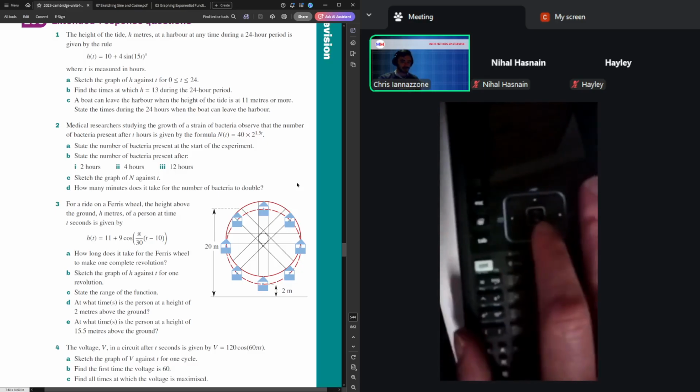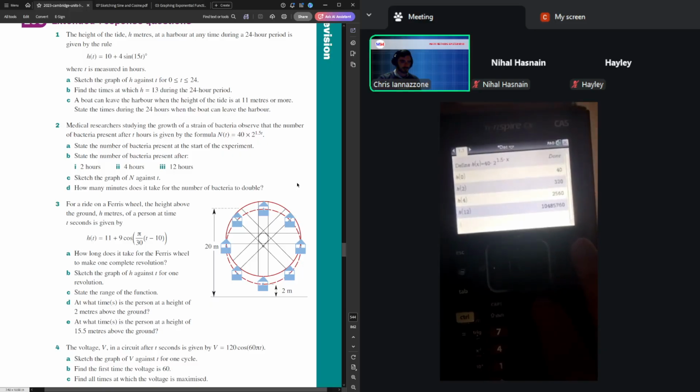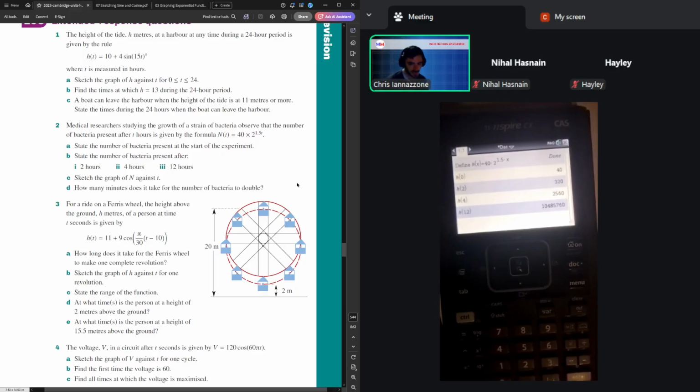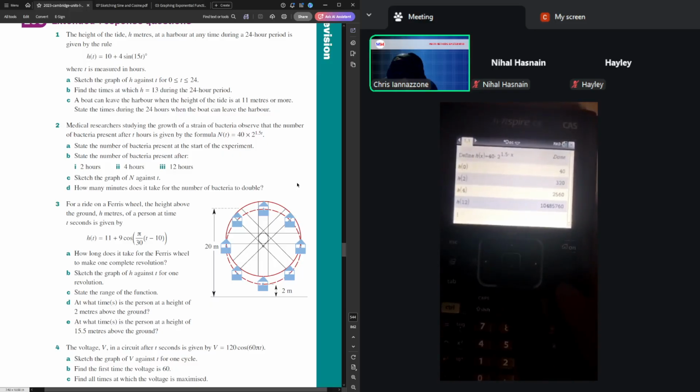So how are we going to do that? Well, there is one way, which is to just guess and check your way through it. Actually, not even guess and check. You can just CAS solve through it and brute force it that way. It requires a minimal understanding of the function itself.